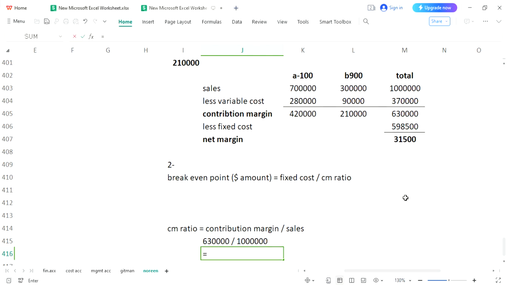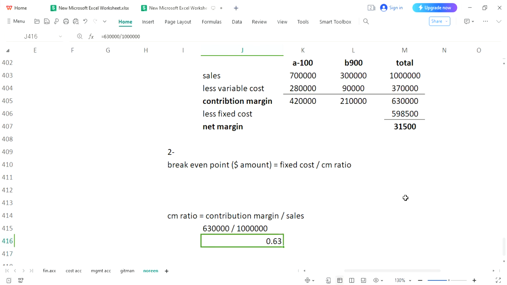Now you can put it on the calculator, 6 lakh 30,000 divided by 1 million. Okay, so you have got your answer. It is contribution margin ratio in terms of times. We are not calculating in terms of percentage. So 0.63. Here fixed cost is needed, which is mentioned over here, 598,500.